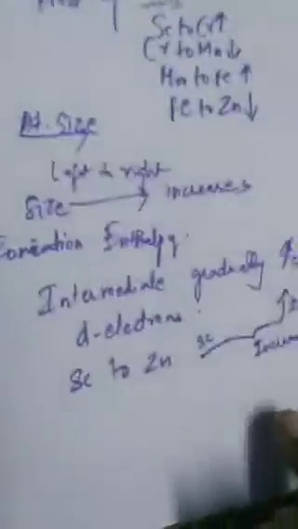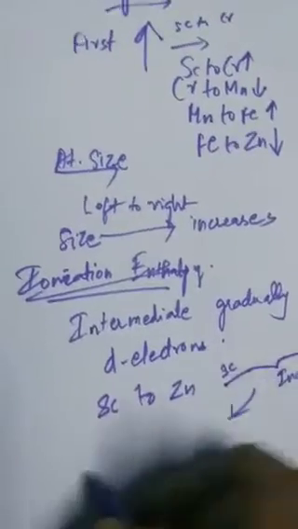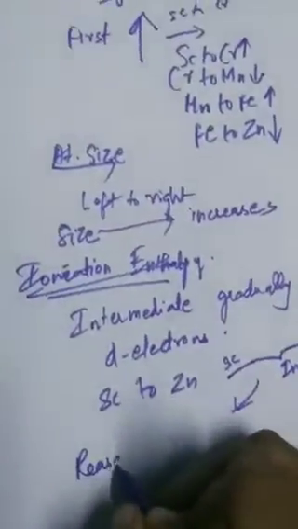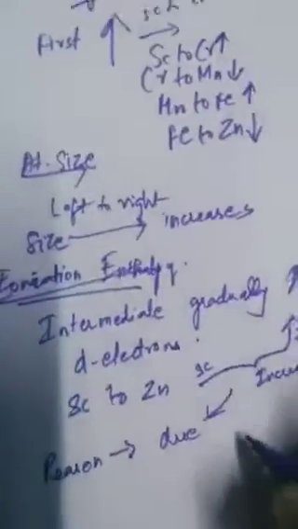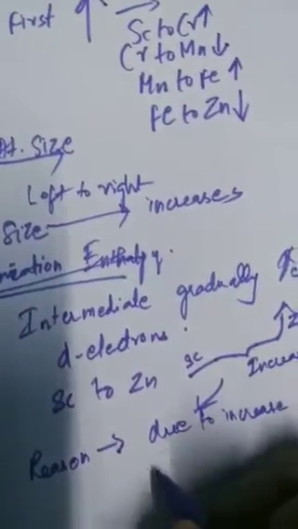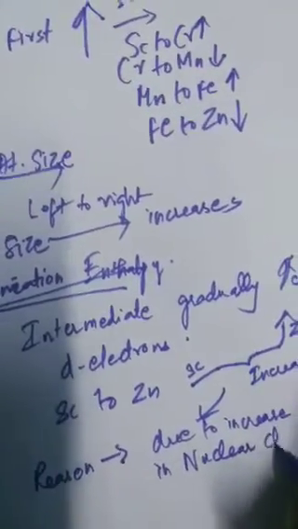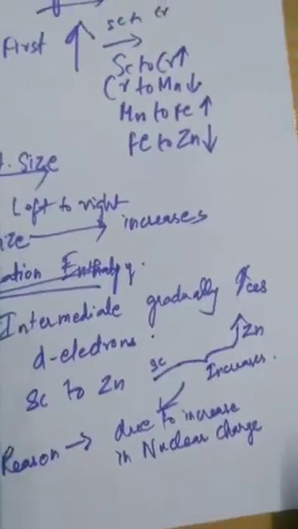The reason for this gradual increase is the increase in nuclear charge. Since nuclear charge increases, ionization enthalpy increases.